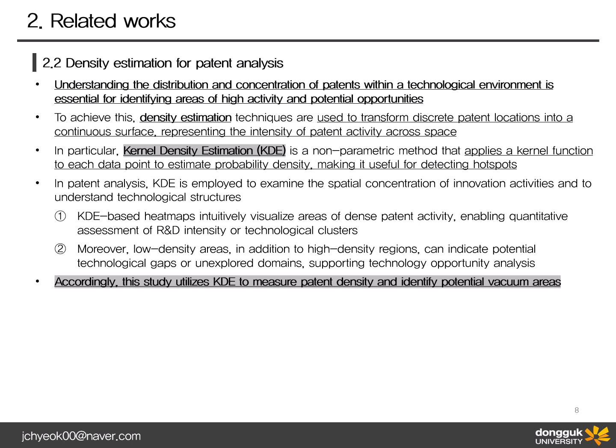In particular, kernel density estimation is a non-parametric method that applies kernel functions to estimate local densities, making it useful for identifying technological hotspots. This study employs KDE to measure patent density and detect potential vacancy regions.